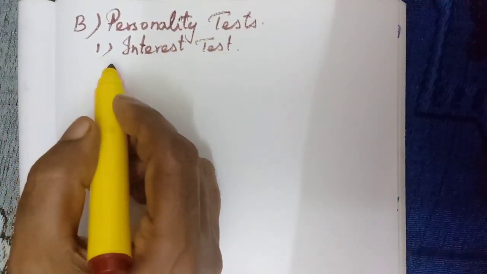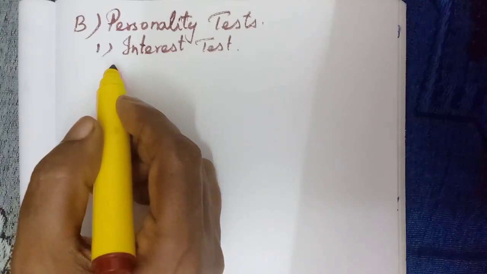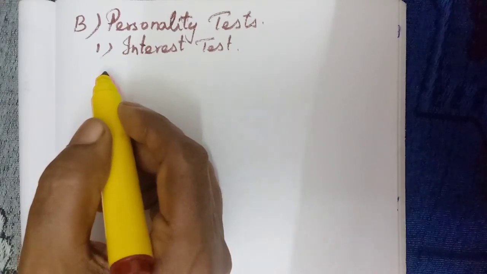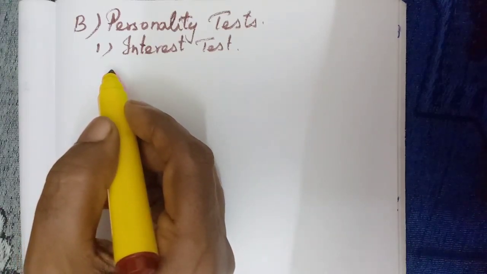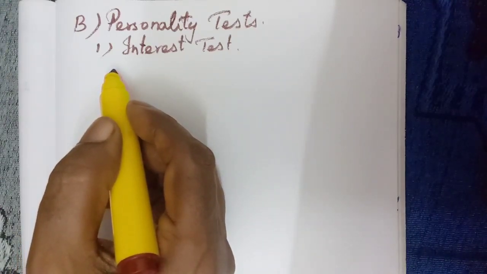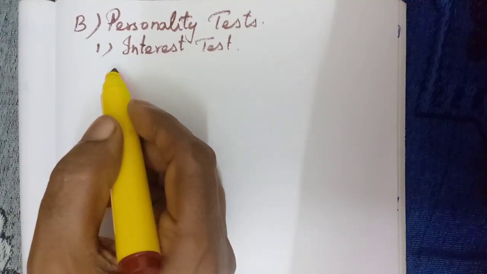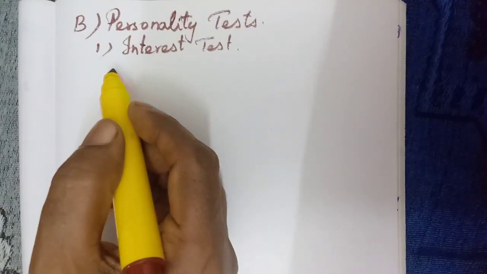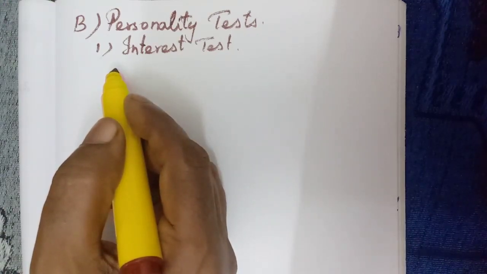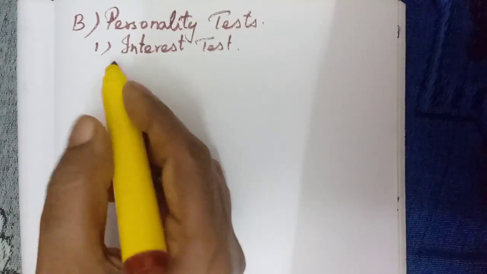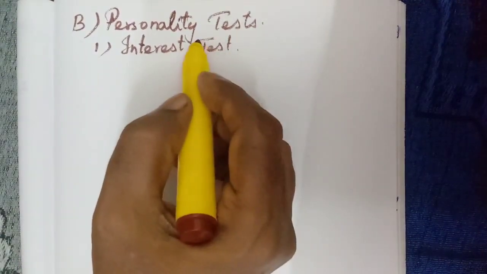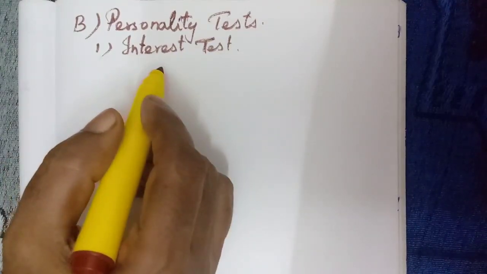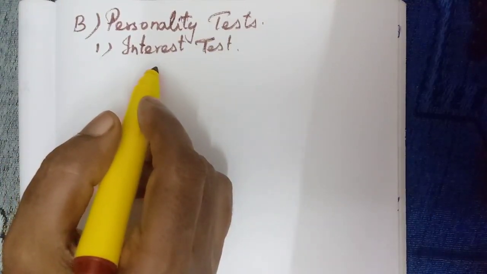By asking some questions, they will understand whether that person is interested, or someone compels him to work, or for money's sake he has come, or for namesake he is applying, under the compulsion of some of the family members. But some people will be with great interest, they might have applied for the job. So the interest will be checked through this interest test.